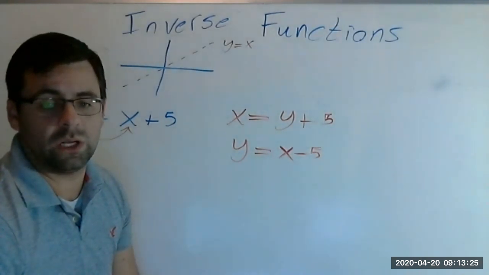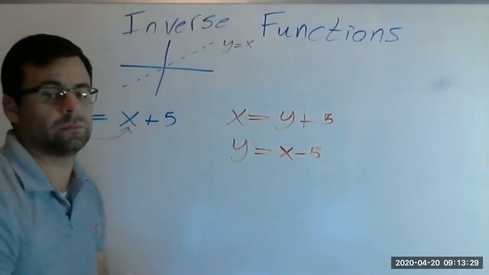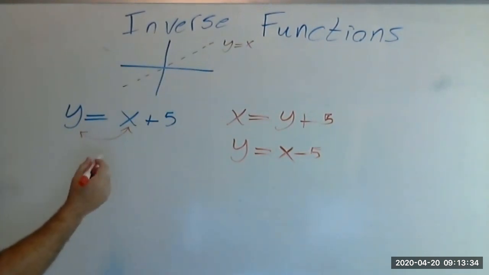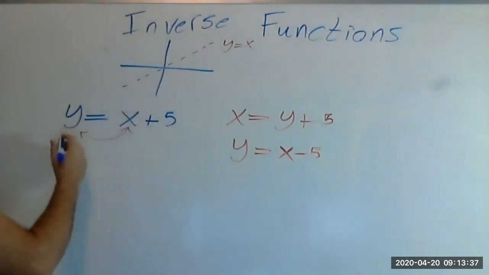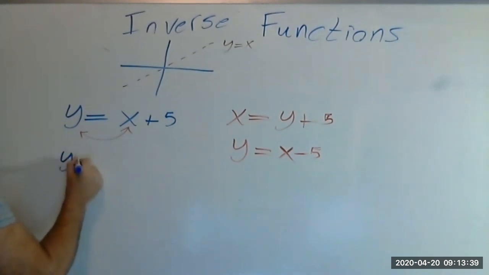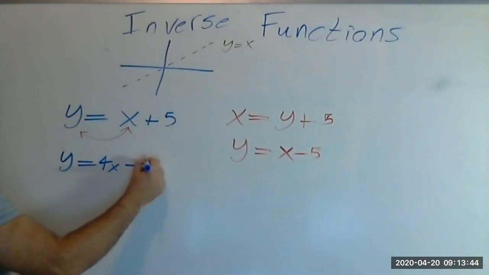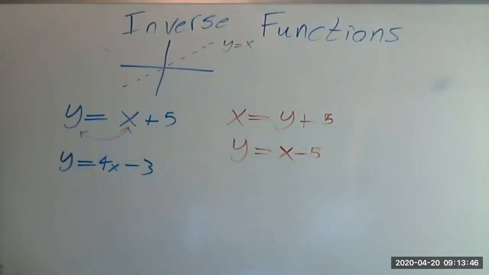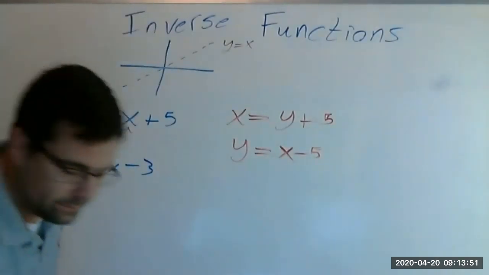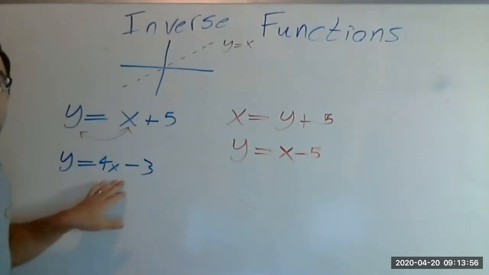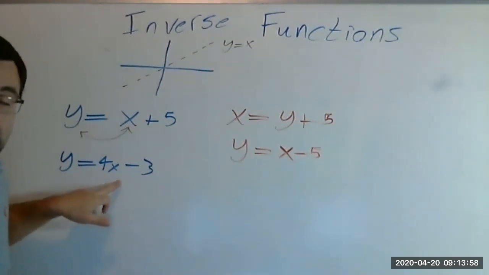So let's do another one. Y equals 4x minus 3. Everywhere we have an x, we put a y.